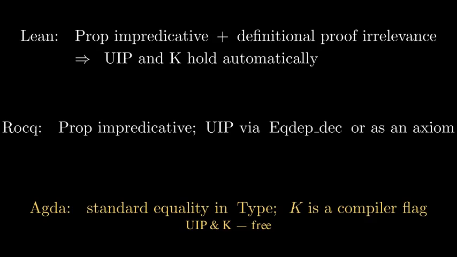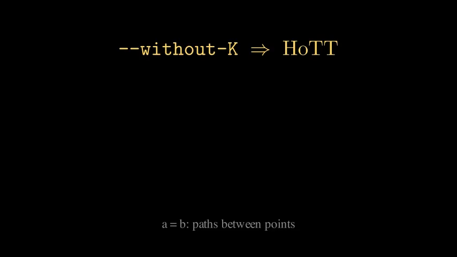Agda parts ways. Its standard equality lives in Type, not Prop, and axiom K is a compiler flag, with-K or without-K. Turning K off opens the door to homotopy type theory, where a equals b can have many genuinely distinct inhabitants, paths between points in a space.